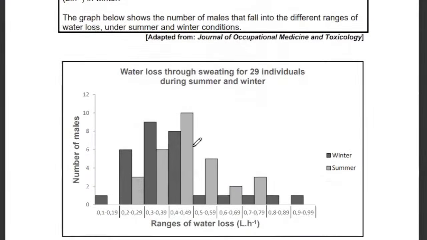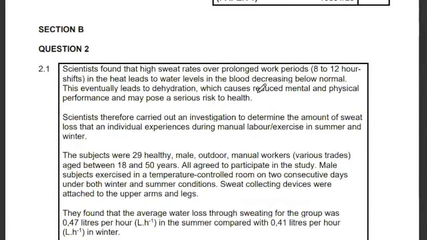The first question, but basically they're saying that water loss through sweating for 29 individuals during summer and winter. So basically what I found here is that the scientists have found a high sweat rate over prolonged work periods, meaning that there are long work hours, and the workers tend to sweat, to lose water to the environment.